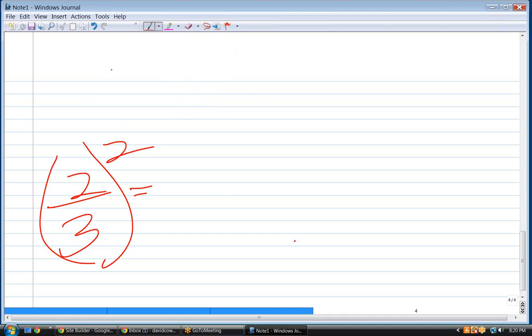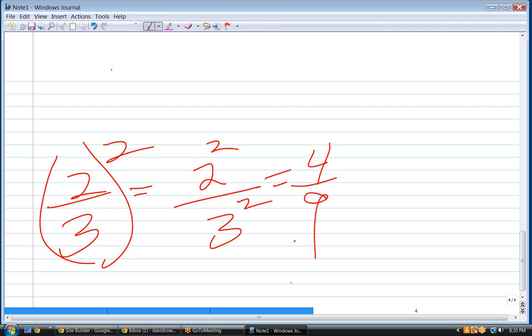Okay, first of all, the 2 applies to both the numerator and the denominator. So then 4 over 9. Exactly. But this is also the same thing as 2 squared over 3 squared, which is 4 over 9.